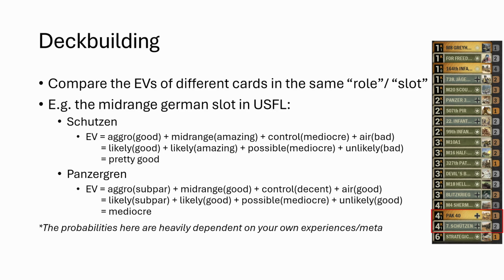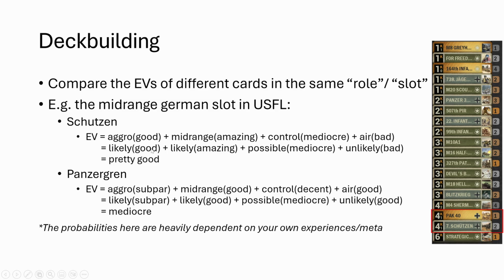So the overall expected value, I would say, is subpar, because it's mediocre: it's not that great against aggro. It's good against mid-range, and it's okay against control. Good against air, but I don't see control and air that much, so those are going to be weighted fairly small.